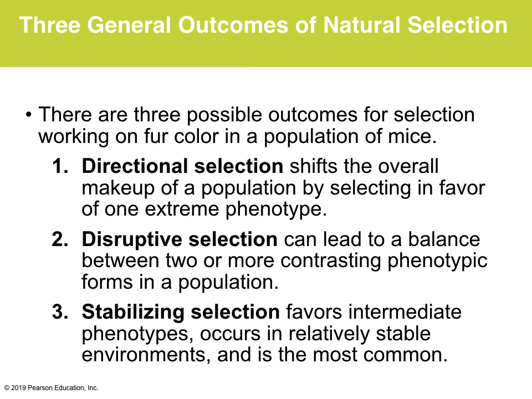You're going to have two peaks in that curve. The third is stabilizing selection, and that favors intermediate types. So it's neither one extreme or the other, but something more in the middle. And stabilizing selection is the most common, and you see it in fairly stable environments. So you go to the next slide.